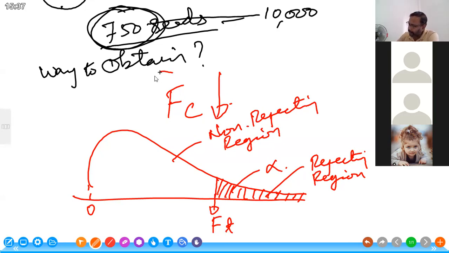So what will happen if my calculated value is coming smaller and smaller? Anyone? If my calculated value is smaller, will the chance of rejecting my null hypothesis increase or decrease?